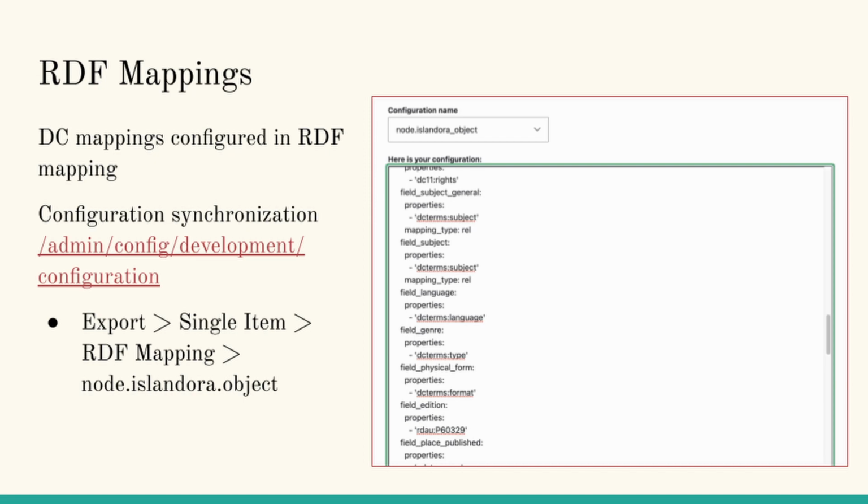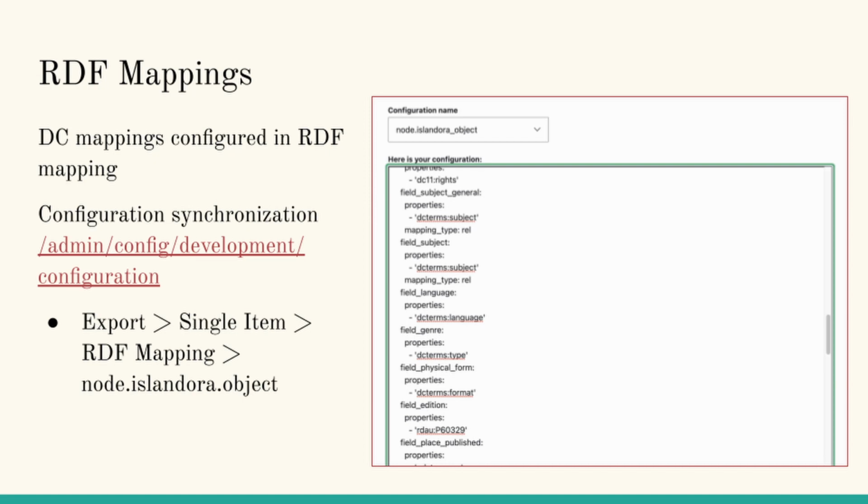Administration, configuration, config, development, configuration is where the various mappings are exposed. And the screenshot shows you this is the mapping for the Islandora object. And you can see here from the screenshot a few of the fields like field subject general and field subject. You can see those are being mapped to DC terms subject.